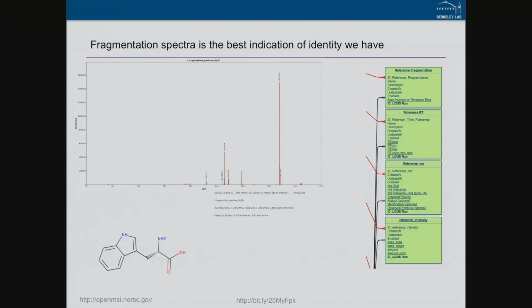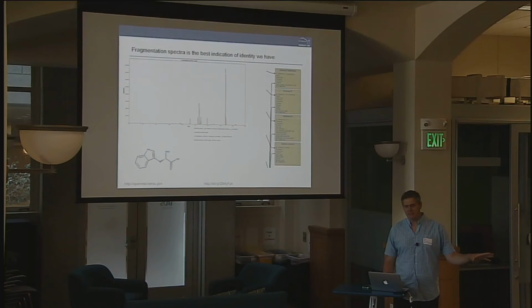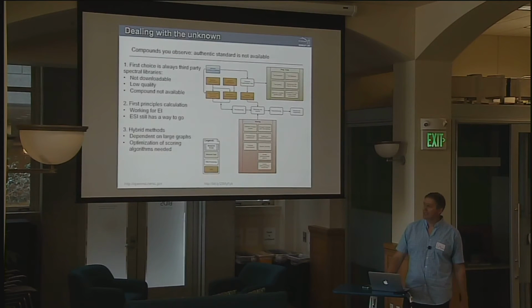So I can say this is the fragmentation spectrum of glucose. We can say this is the retention time of glucose. Beyond that, we can say this is the retention time in this file for glucose. Beyond that, we can say this is the retention time in this file that was prepared with this method for glucose from this sample. So we call these sample and method-specific metabolite atlases.